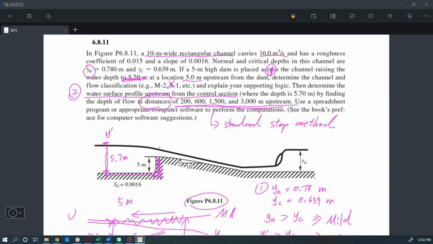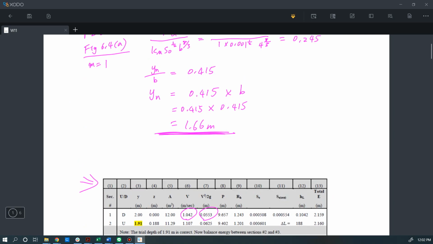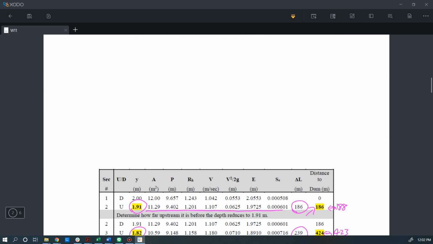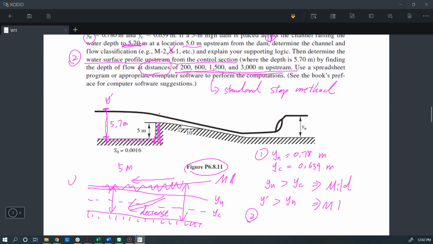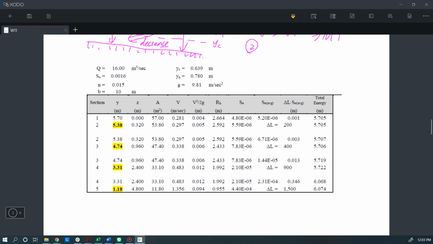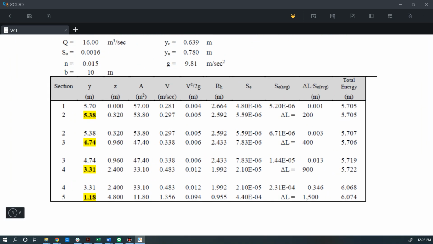So you can pull out the Excel again and follow the procedure of the first problem that we showed in this recitation to go through the trial and error process and to calculate the water depth using the Excel sheet provided on the course site. So here, I just show you the results.